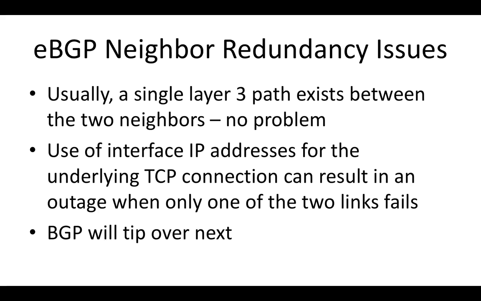If we use that IP address for our connection and that link fails, BGP is pretty much going to not handle that very well at all. So if we lose that one neighbor command that we made saying our neighbor is on IP address 10.1.1.2, our link dies between that, we need to have that backup BGP route configured so we can just fall back to that. So there's a couple of solutions that we can do to fix this problem.